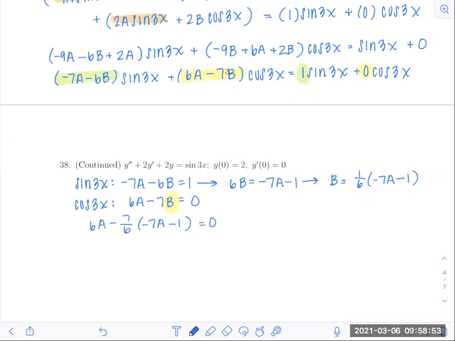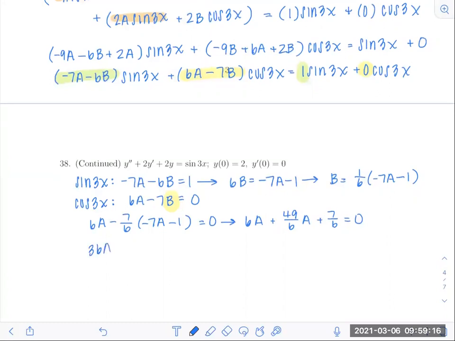Let's go ahead and distribute here. 6a plus 49/6a plus 7/6 equals 0. I'm going to multiply through by 6 to get rid of the fractions.